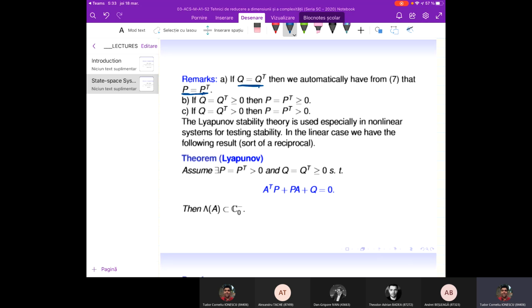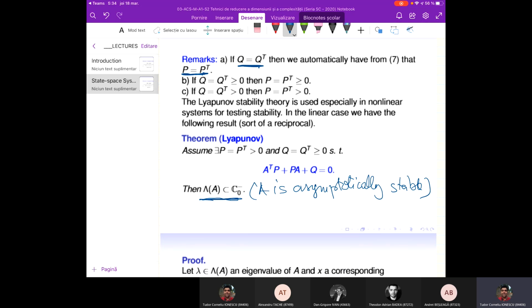Then the matrix A is asymptotically stable. So this is a way you can test whether your system is stable or not.